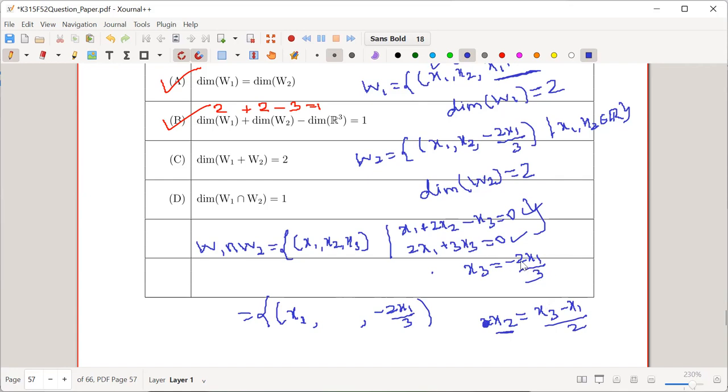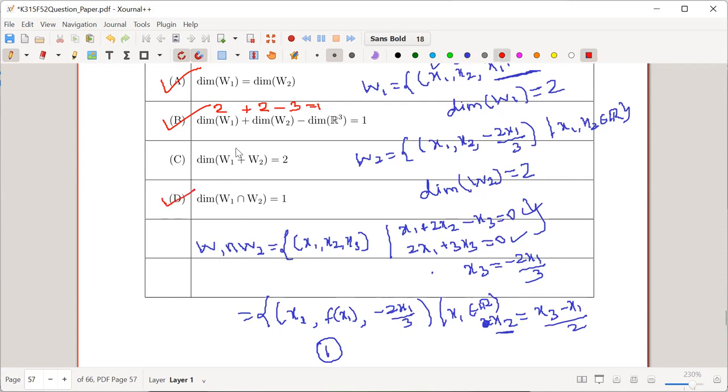But we know x3 is in terms of x1, so x2 is also in terms of x1. Therefore, we have only one unknown, namely x1. So the dimension of W1 intersection W2 is 1, because we have only one unknown in the intersection. Therefore, option D is also right.